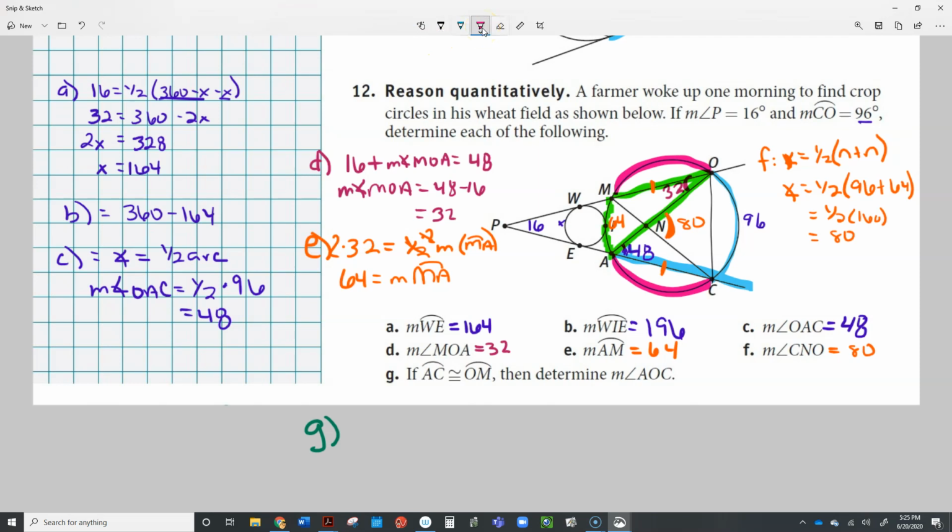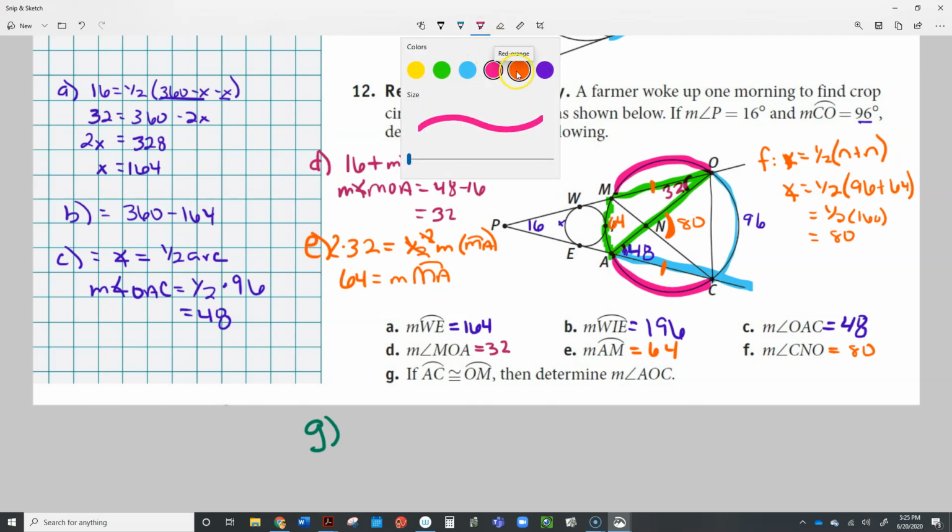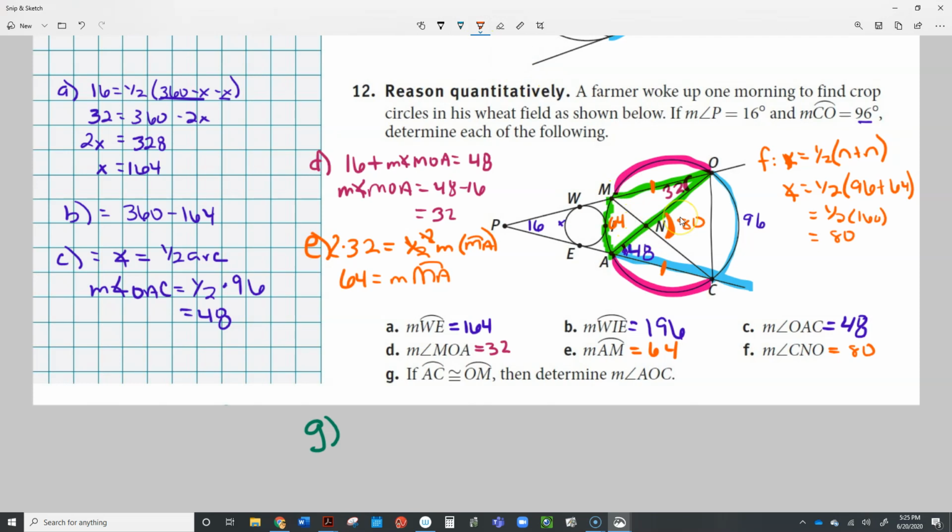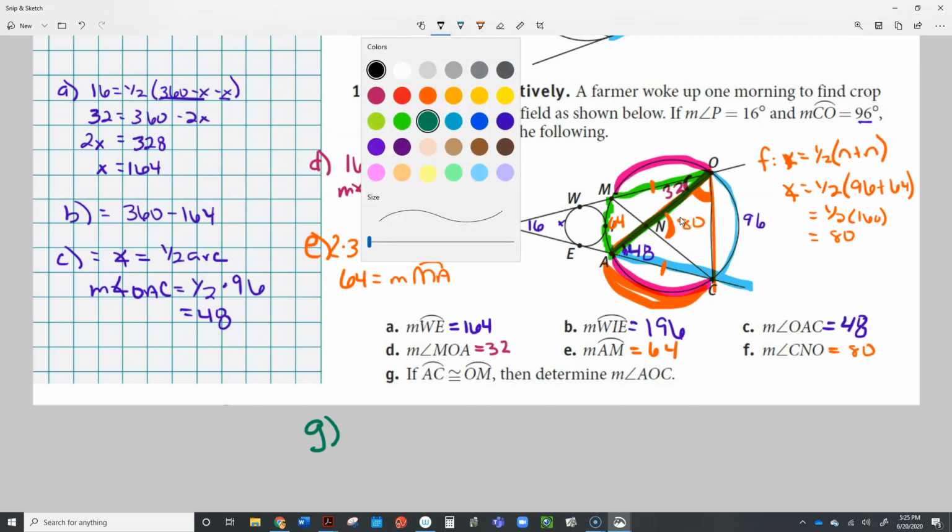And let's see if I can highlight it in orange. And they want this angle right here. That's the angle that they want. OC, the orange one. So that means that I need this arc right here. Well, I know these two right here. I've got 64. Let me go back now, make that green, and let's make it a little bit bigger.